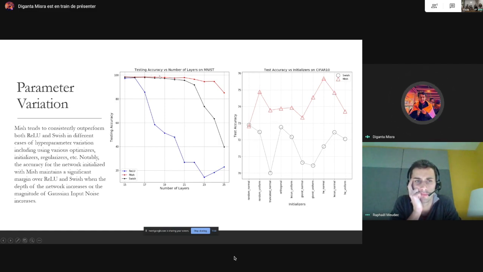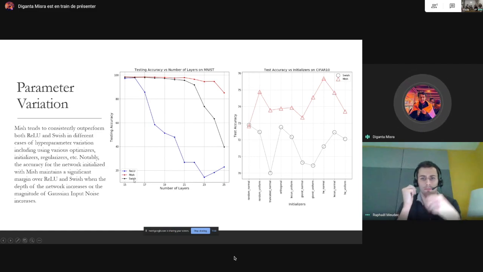Swish also did decrease from 98.9 to around 38%. While Mish didn't decrease that much, it still retains an accuracy of around 83.5% after increasing 10 more layers from the base 15 layers that we had observed at the start.